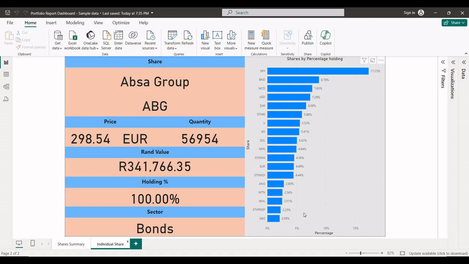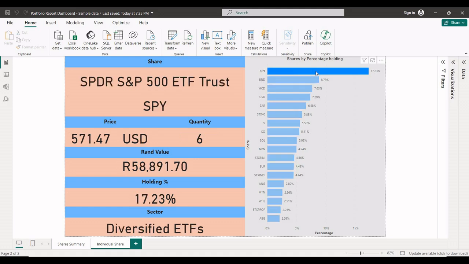But using the horizontal bar graph as a filter, you can see that if we select, for instance, the share SPY, the information on the left gets displayed for that share. So that's the SPDR S&P 500 ETF Trust with the symbol SPY.